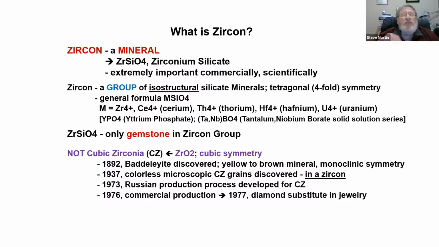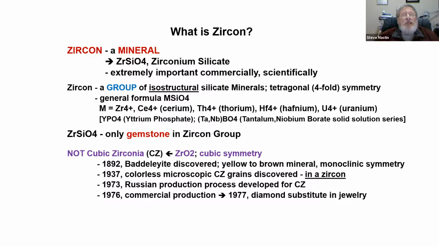And the group of minerals are all silicates, pretty much, with a general formula that looks like the formula for zircon itself, where you have cerium and thorium and hafnium and uranium as possibilities. And they're all isostructural, which means that they're all tetragonal with 4-fold symmetry.